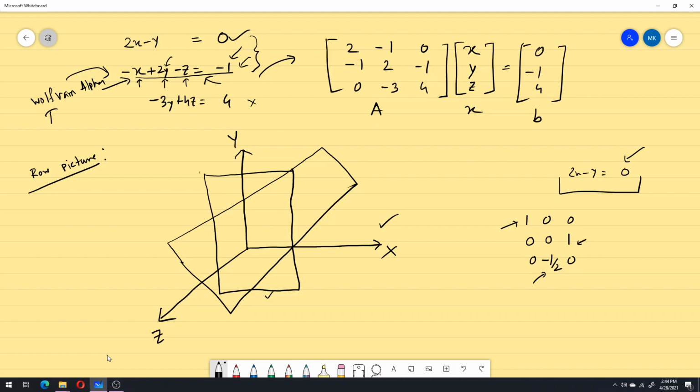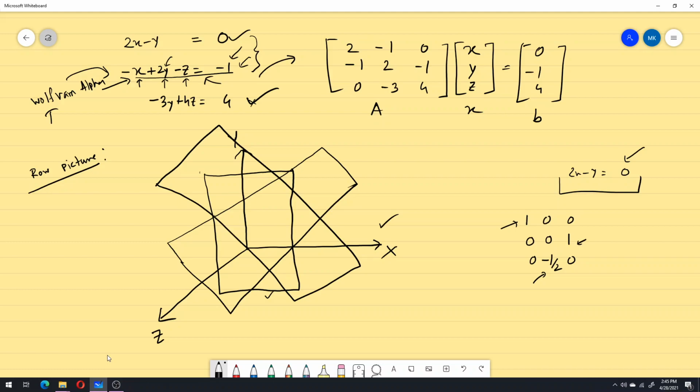And if another plane for this equation meets those planes, then the solution will no longer be a straight line.